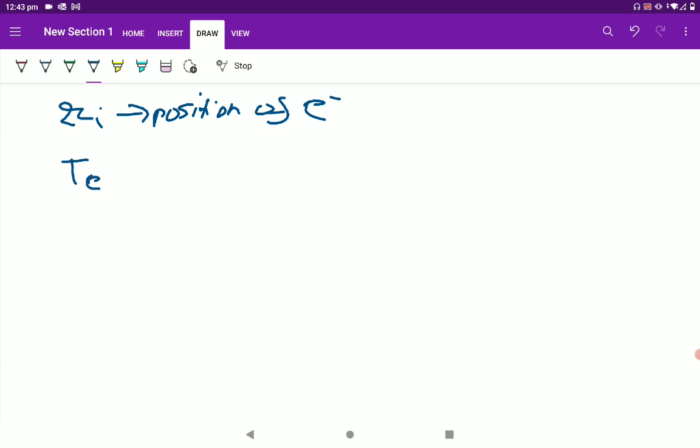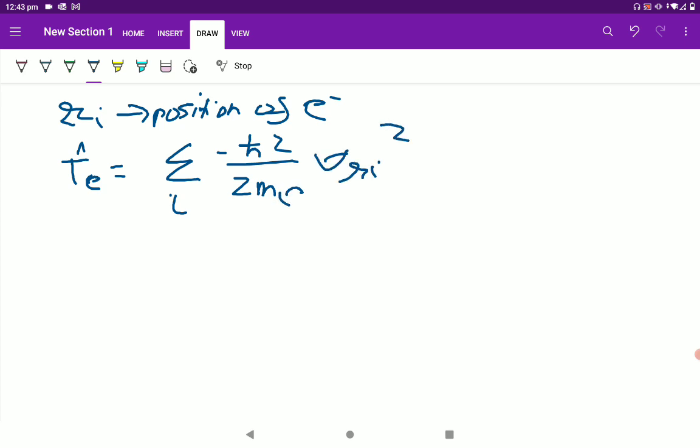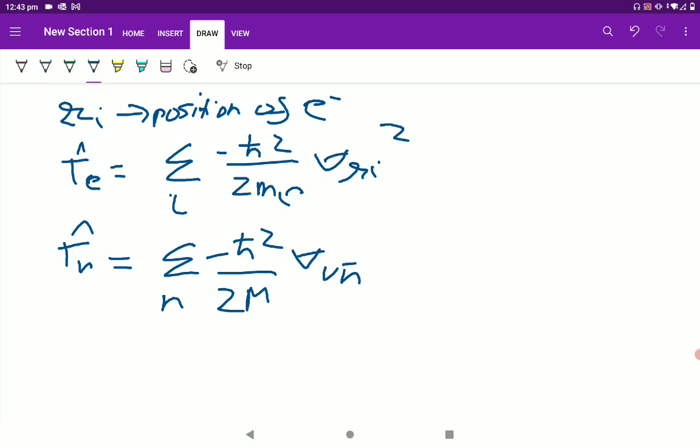Kinetic energy of nuclei is given by this expression. Potential energy between the electron and electron is given by this expression.